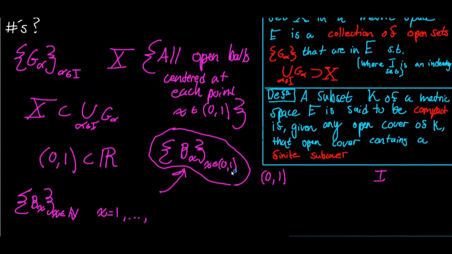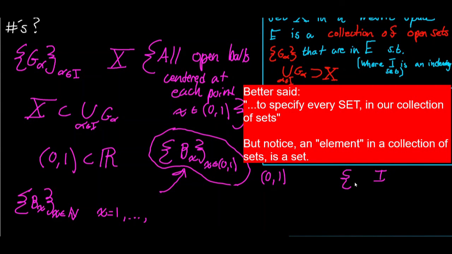In general, we're going to have an indexing set I, and we assume that indexing set I has enough indices to specify every element in the collection of sets G sub i that we're trying to talk about.